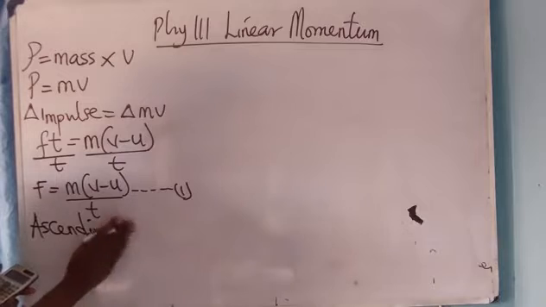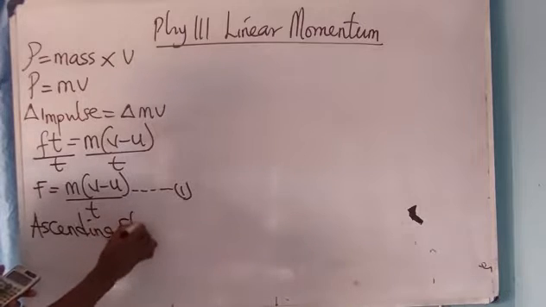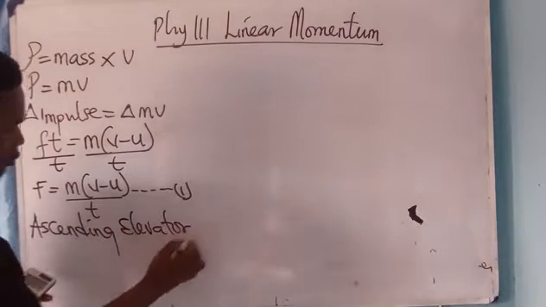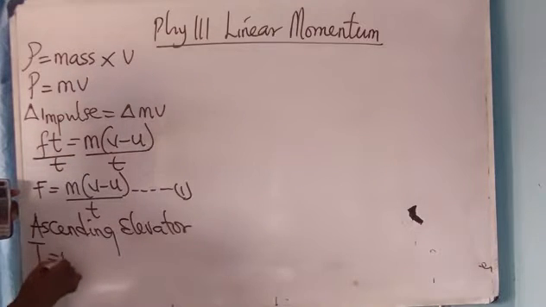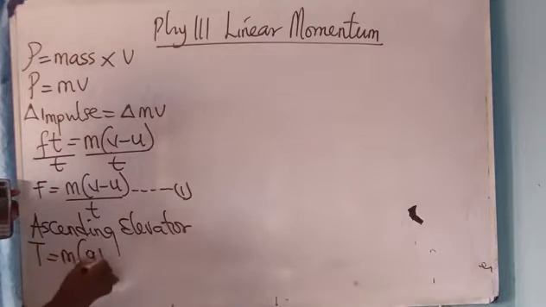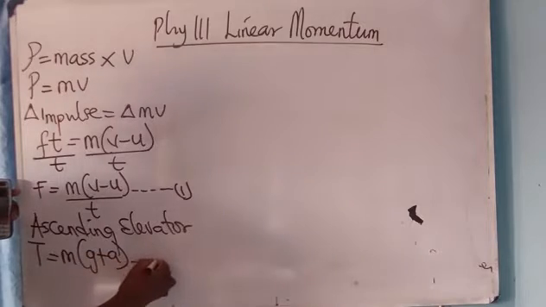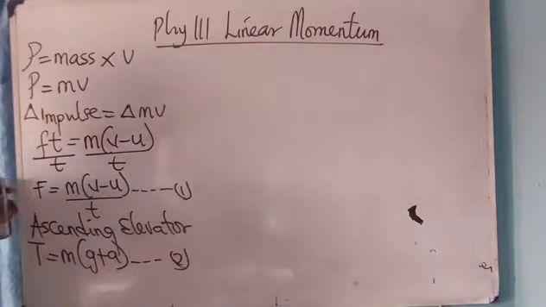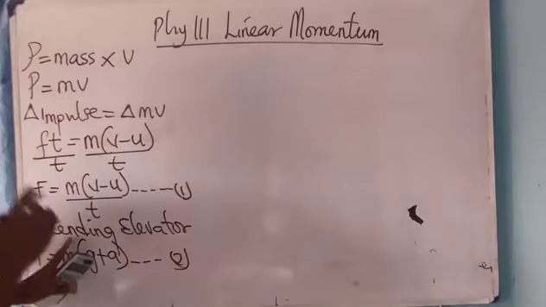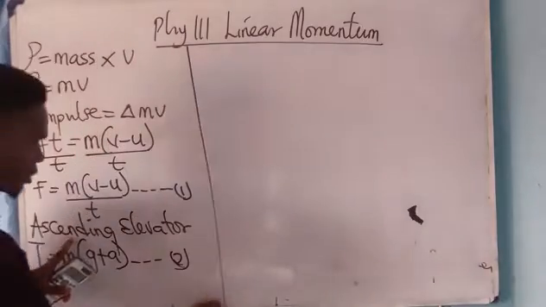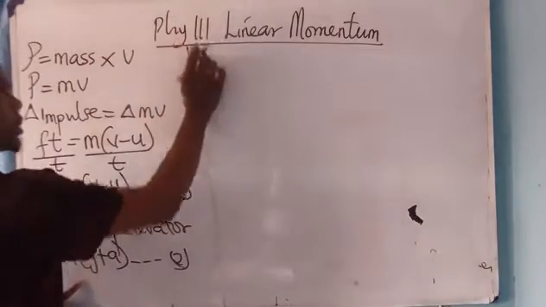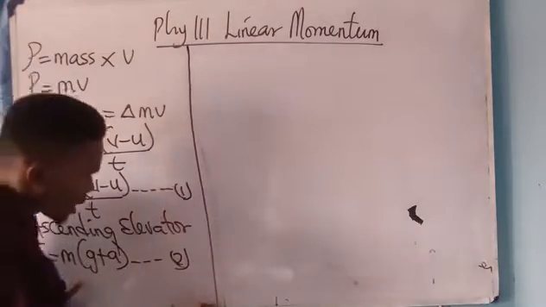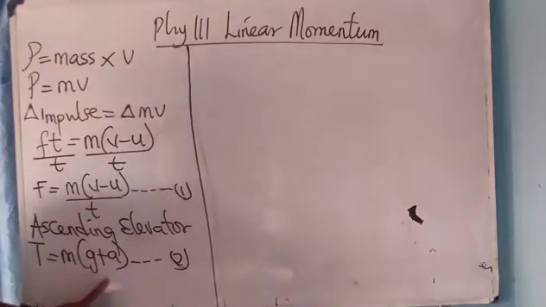Now, an ascending elevator. When an elevator is going up, the tension is usually m(g plus a). Case 2: an ascending elevator, an elevator going up, you say T is equal to m(g plus a).